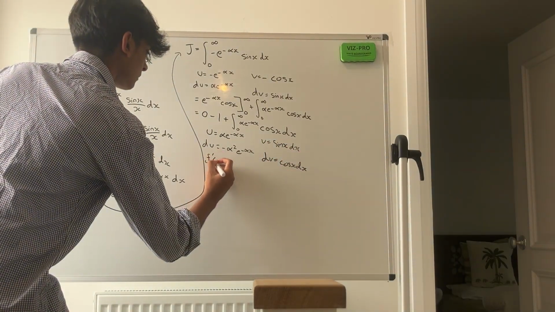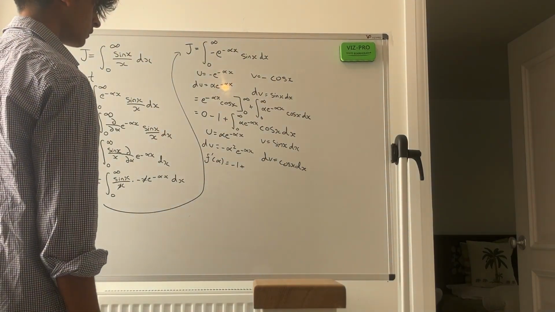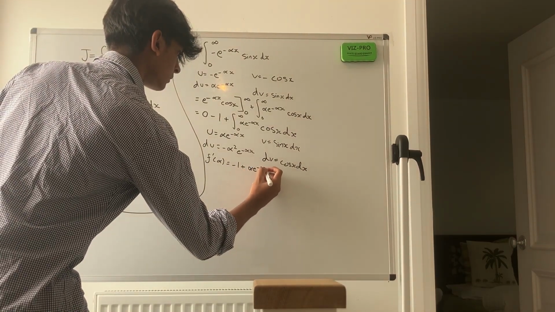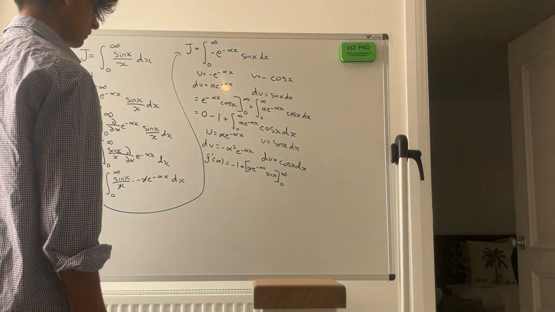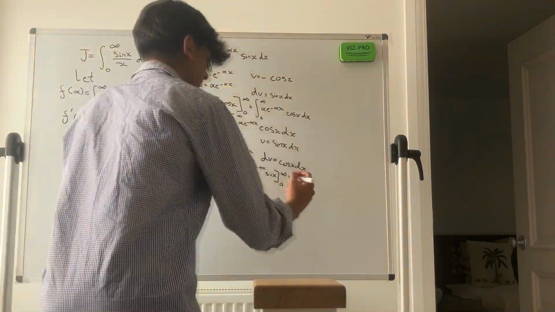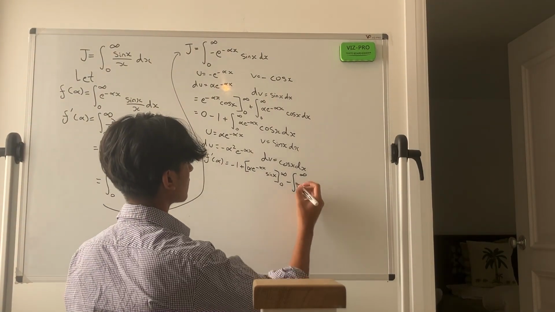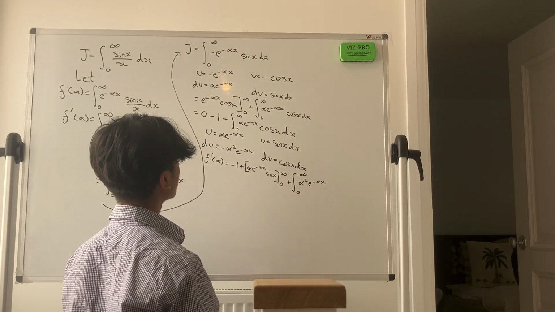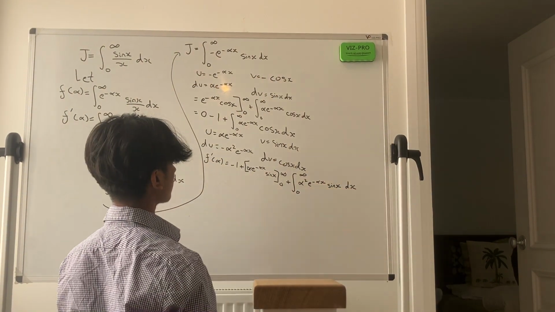Doing integration by parts once again, I will multiply u times v, which will be alpha e to the negative alpha x times sine of x, evaluated from 0 to infinity, minus the integral of v du, which is going to be sine x times negative alpha squared e to the negative alpha x, and I can replace the minus sign with a plus, since the minus from inside the integral and outside will make a plus.